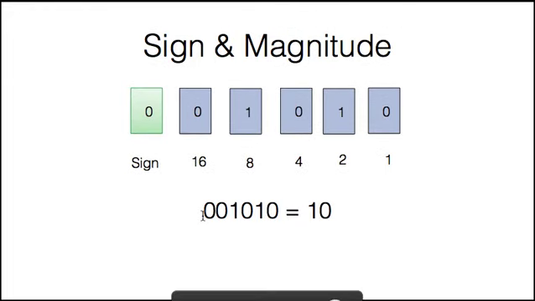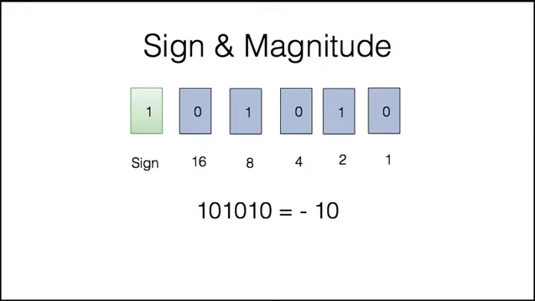So then we could have something like this number here. We have 8 plus 2 is 10. And because this is 0, it's positive. So that could be positive 10. Then here we have the same number, but the first bit has been flipped. And because that's a 1, we'll say it's minus 10. So we could represent positive and negative numbers this way.